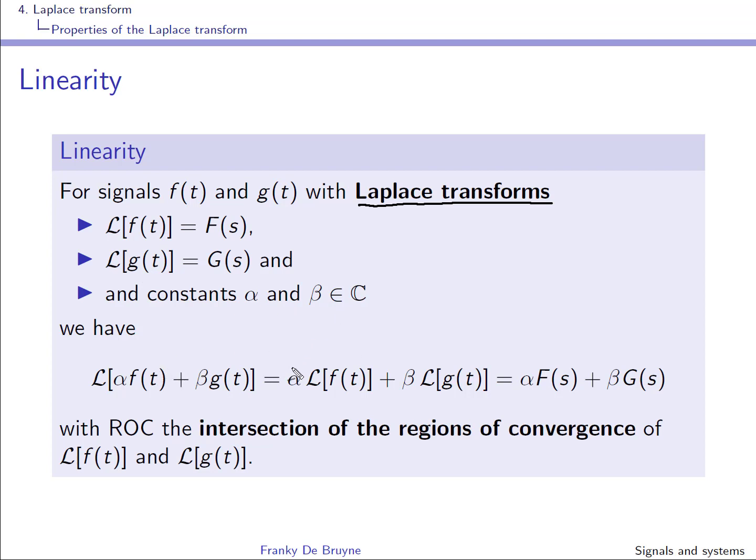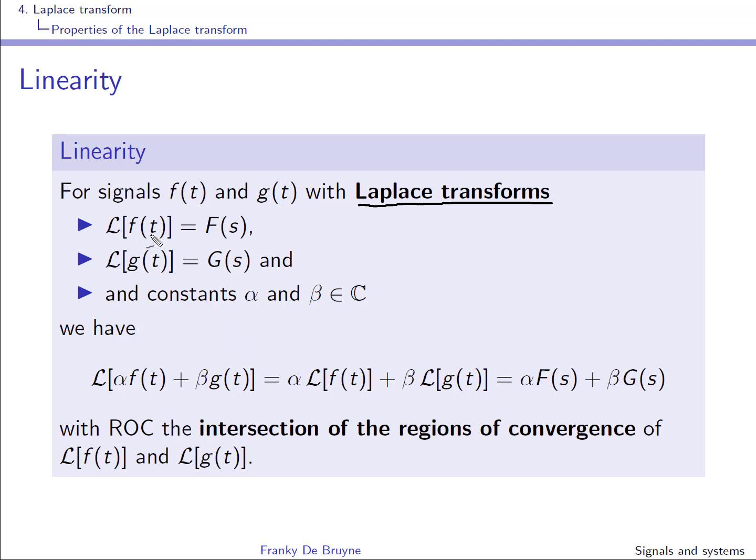And this Laplace transform is simply the linear combination of the corresponding Laplace transforms. The region of convergence of this new function is the intersection of the regions of convergence of the initial Laplace transforms F(s) and G(s). So this is kind of interesting.